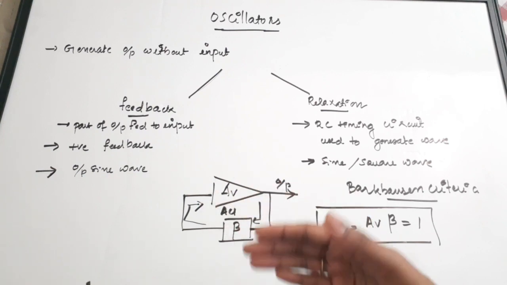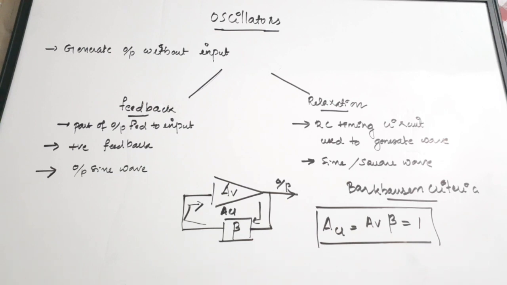This feedback circuit will vary according to the various types of oscillators, and for the amplifier, we can use either BJT configurations, that is bipolar junction transistor type amplifier circuits, or FET type amplifier circuits. Both are possible, and it depends on the various types of oscillators.